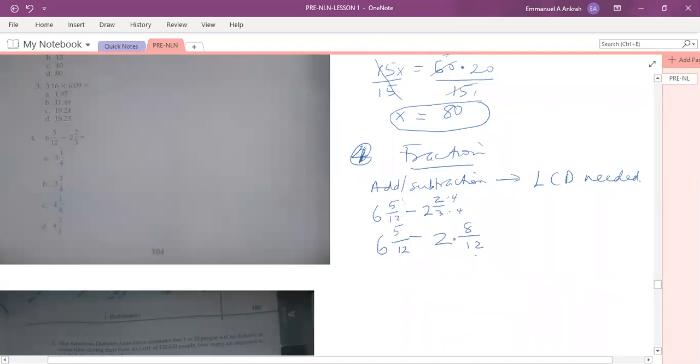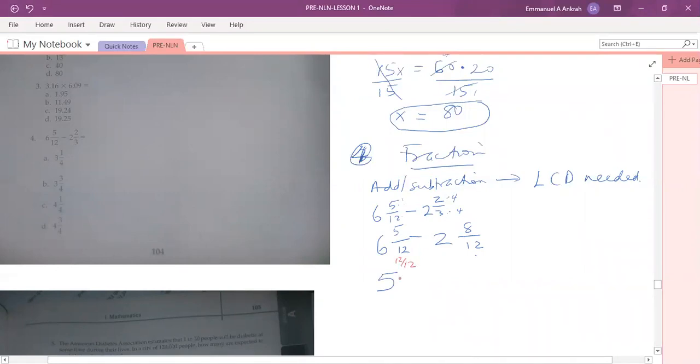5 minus 8 will be a negative number, right? But I can borrow. I have a whole number here that I can borrow from 6. So I can borrow from the whole number to make this numerator bigger before I subtract. If I borrow 1 from this 6, I'll have 5 whole numbers left. The one that I borrowed is always in terms of the denominator, right? So the one that I borrowed is 12 out of 12.